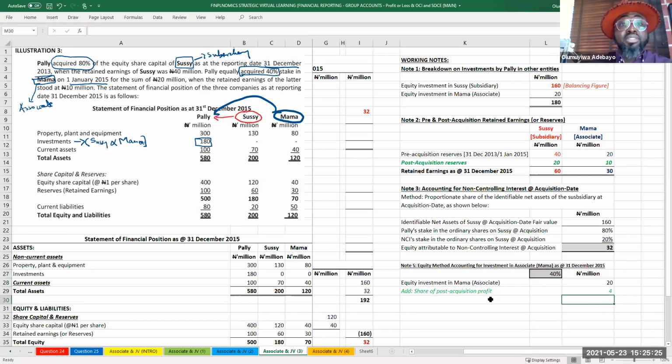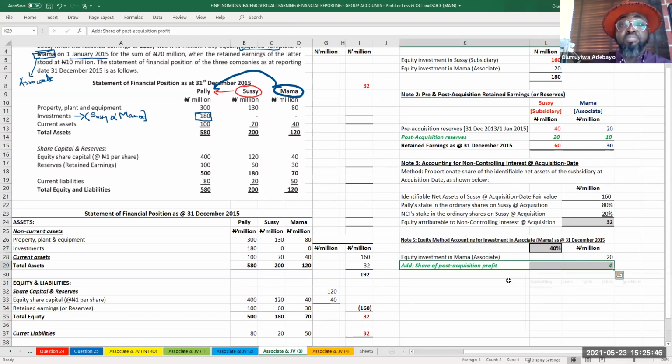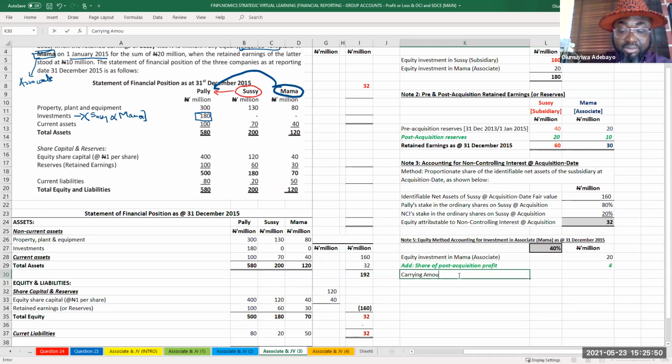Therefore, which means 40% of 10 million is 4 million. Okay, that is that. Now, we don't have dividends, we don't have impairment loss on associates. Therefore, I can sum that up to determine my carrying amount as at 31st December 2015.